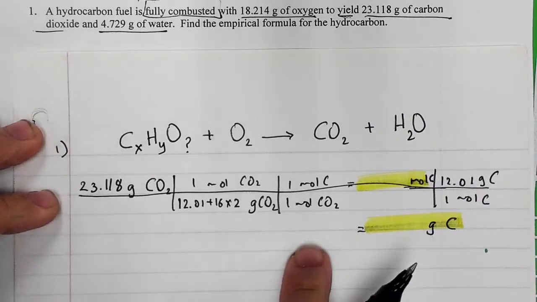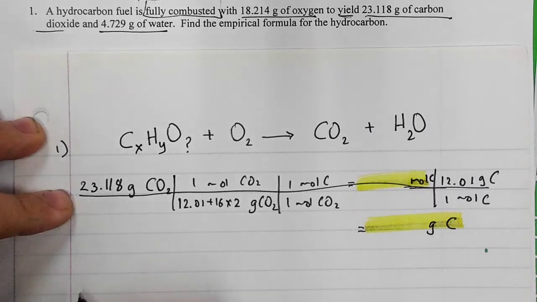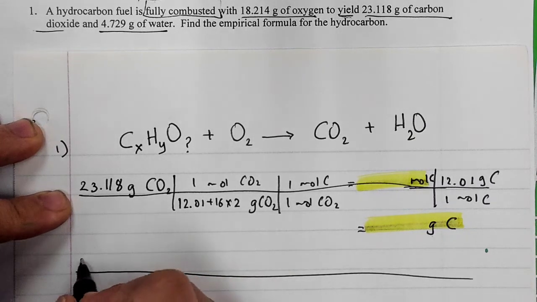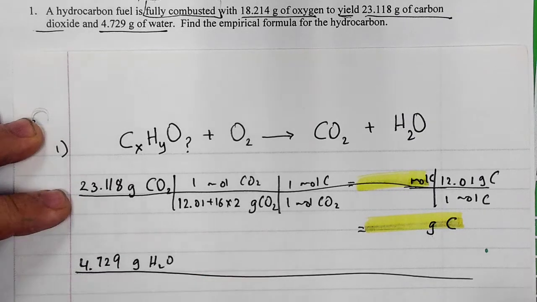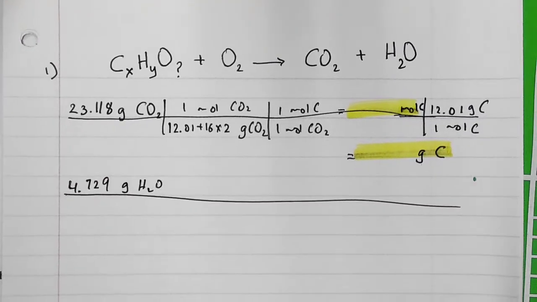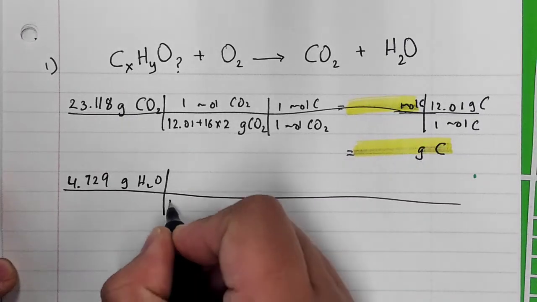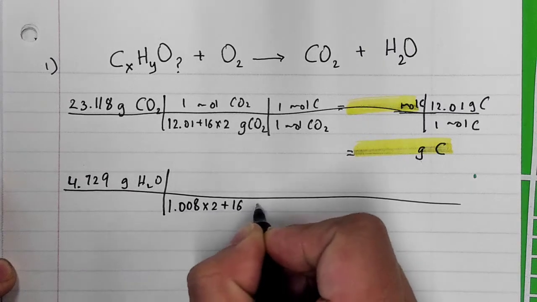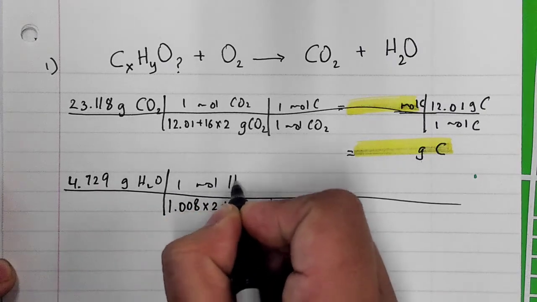We're going to do the same thing with the hydrogen setup. So this is going to be 4.729 grams of H2O, which is what's given in the question here. I'm going to move up, and then hydrogen mass 1.008 times 2 plus 16 grams H2O per 1 mole H2O.